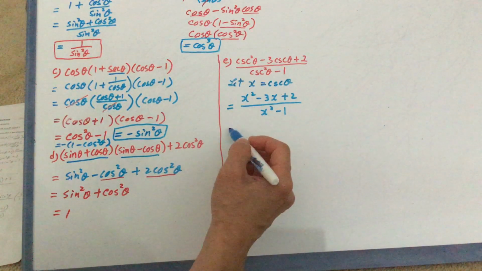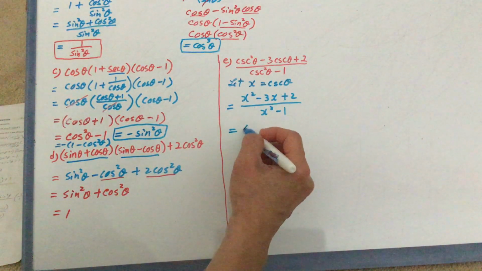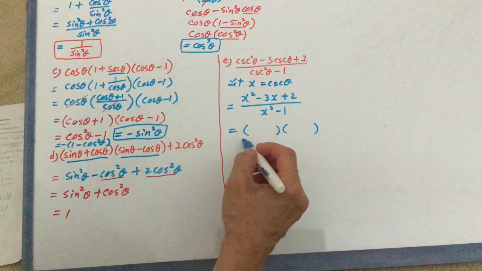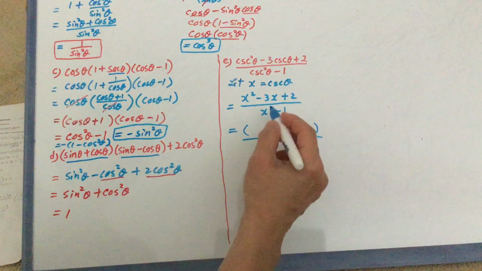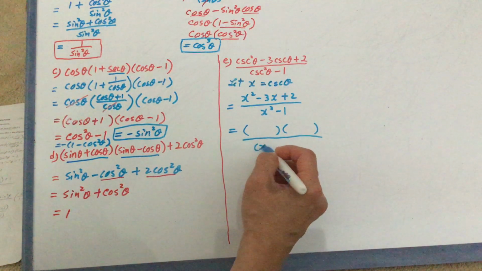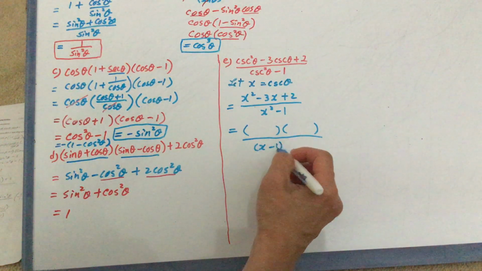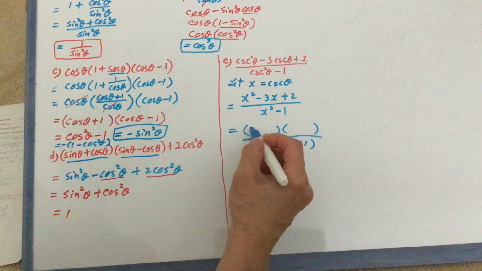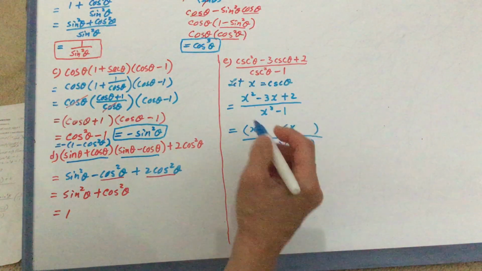And of course, when you factor this simple trinomial, the bottom will be the difference of squares. So x minus 1, x plus 1. On the top here, x and x.